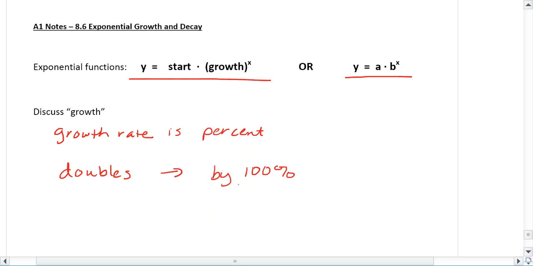So we'll talk more about this growth rate. The rate is a percent, and the growth factor is a number, like 2. So we'll have to work on that to understand the rate and the factor.